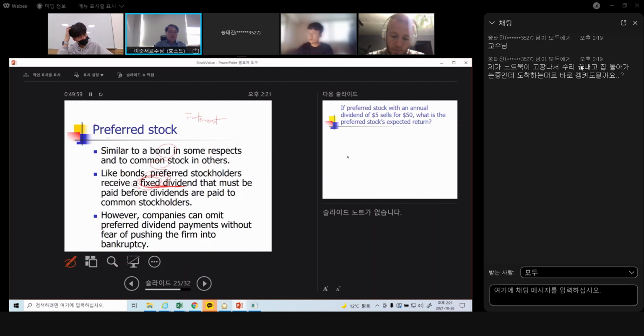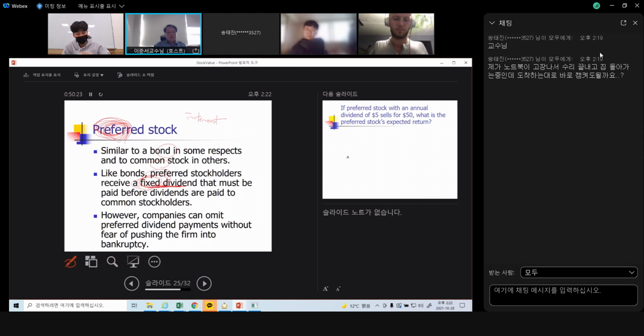So why is the name preferred? Preferred to what? Preferred stockholders have the right to receive the dividend prior to common stockholders. So that's why the name is preferred stock, preferred to dividend, right?